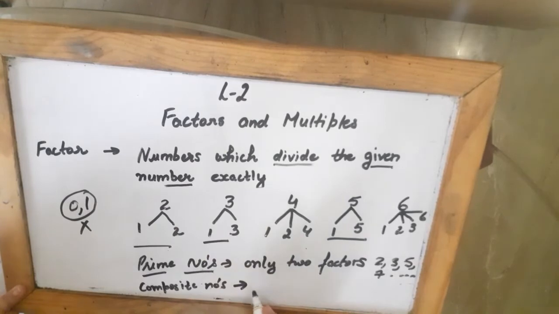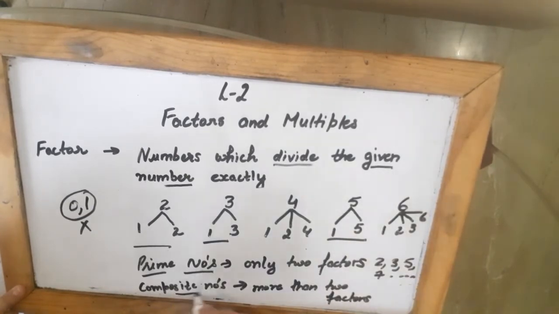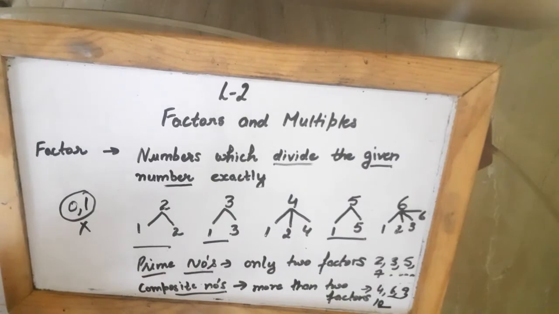So like 4, 6, 9, then 10. All these numbers are composite numbers because they have more than two factors, while the numbers which have only two factors, they are prime numbers.